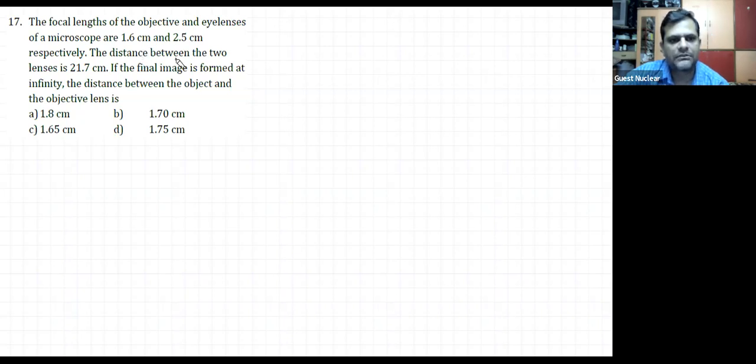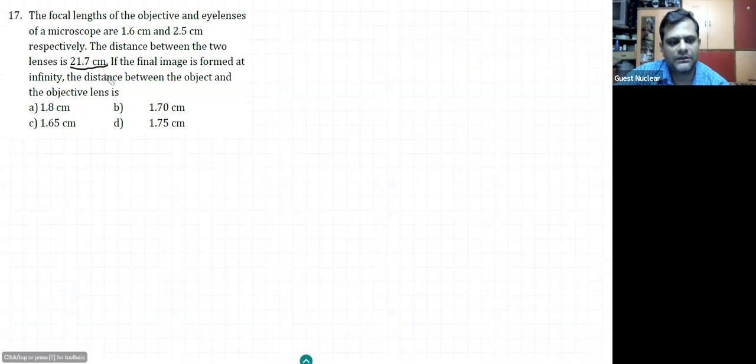The distance between the two lenses is 21.7 centimeter here. If the final image is formed at infinity, then the distance between the object and the objective lens is, that means we want to find out UO here, right? UO हमको ढूंढ के निकालना है.